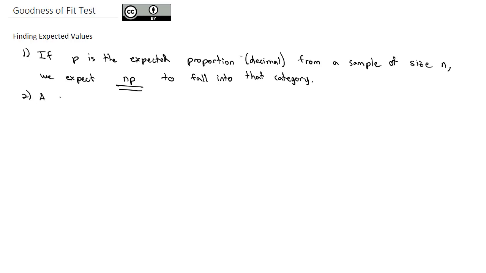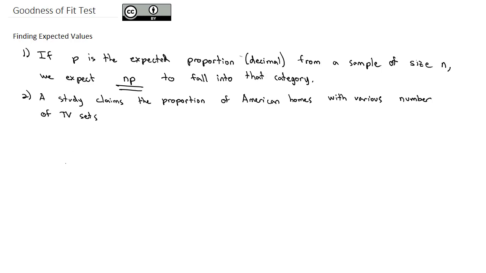So, for example, a study claims the proportion of American homes with various numbers of TV sets is given by, so we're going to have a list of the number of TVs, and we're going to say what percent own that number of TVs.